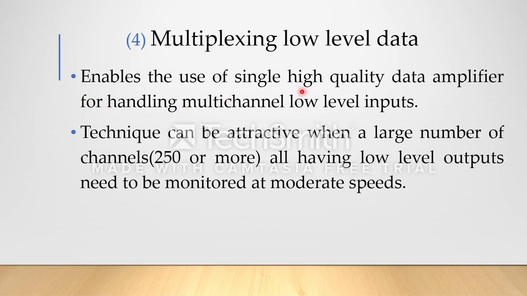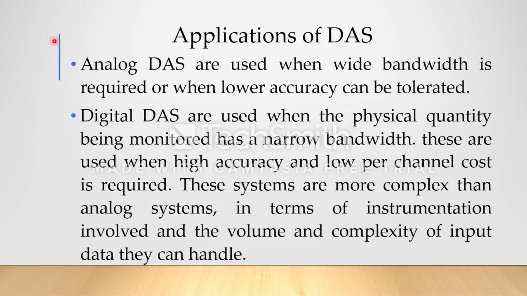So it is a single high quality data amplifier for handling multi-channel low level inputs. When a very high number of inputs, all having low level outputs, need to be monitored, then we use this multiplexing low level data type of DAS.